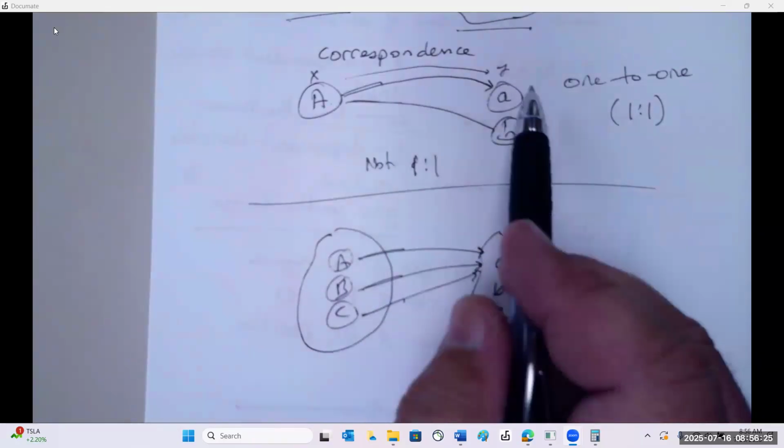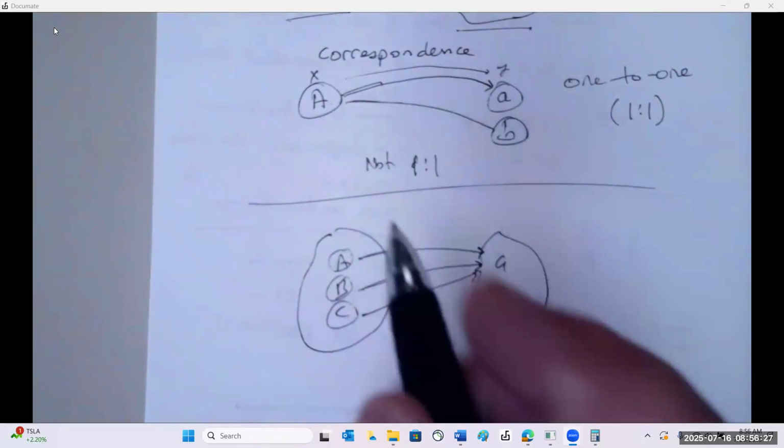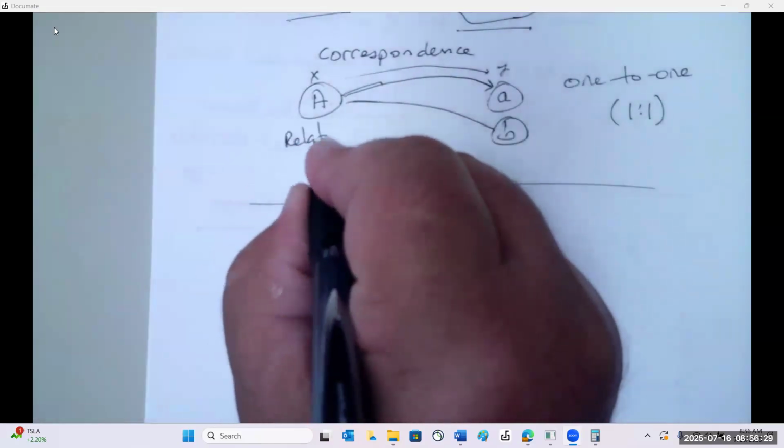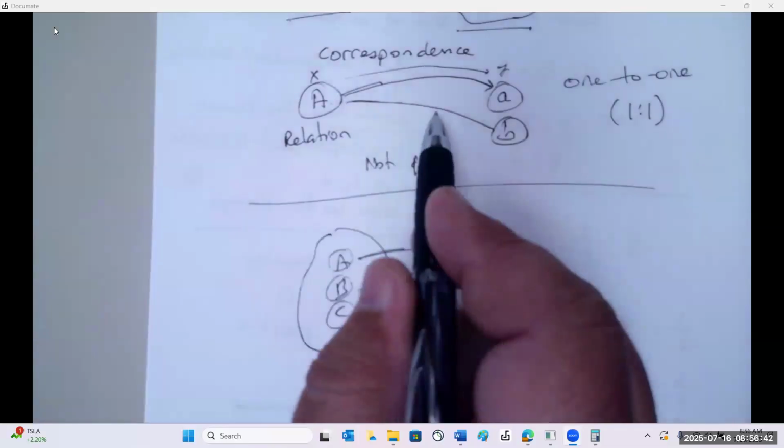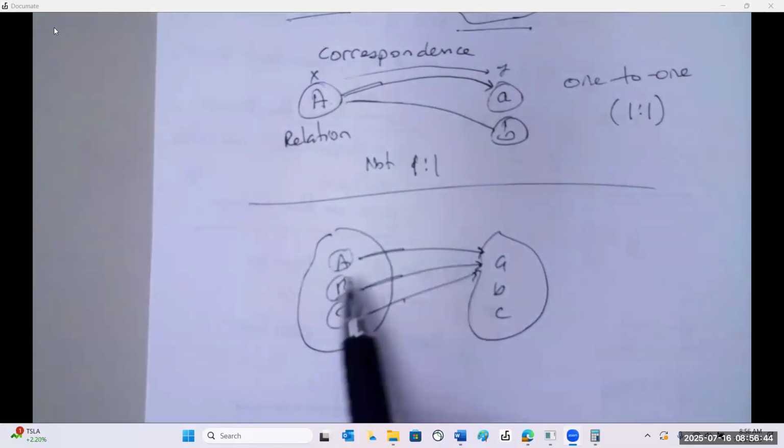That's no longer a correspondence. That's now a relation. A relation is when you have correspondence with at least one person or one other item. So this is a relation as opposed to a correspondence.